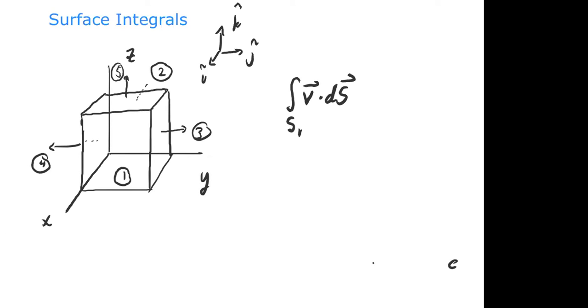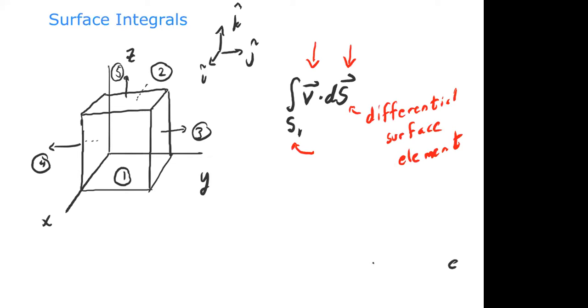So what's missing? Well, lots of things. First of all, I need to tell you what the vector V is. I need to tell you what the differential surface element is, nice word, but we've seen this creature before. And then finally, I need to tell you what the surface is.